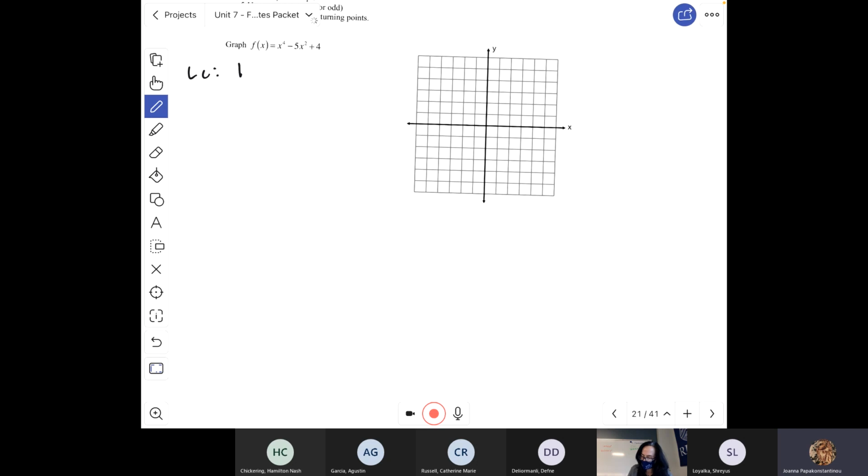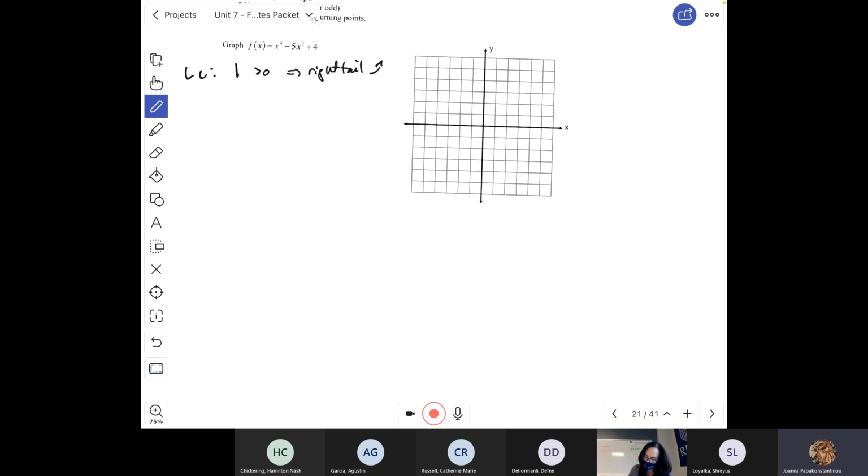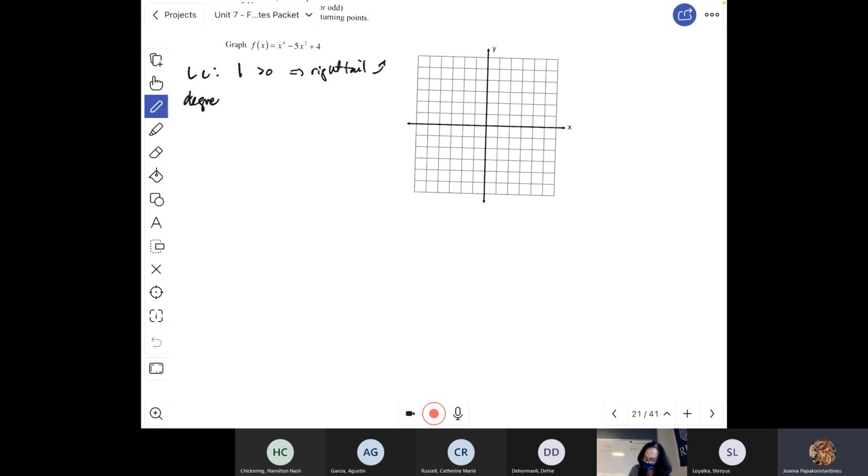So since the leading coefficient is greater than 0, the right tail goes up. What is the degree? Degree is 4. Since it's even, both tails go up.